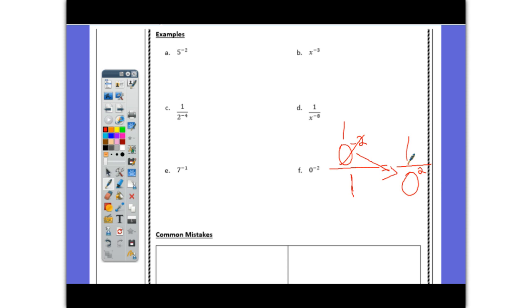What is 0 times 0? 0. So now I have 1 over 0. What is my final answer? Not 1, not 0. Divide that. Oh, you cannot divide by 0 on the bottom. So what is our answer? Undefined. Nice.